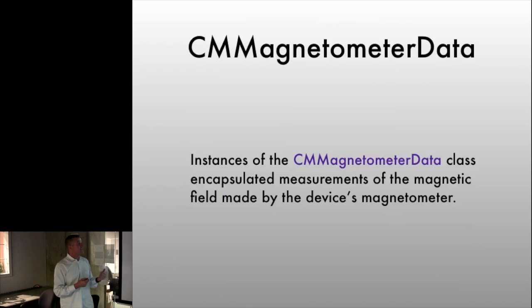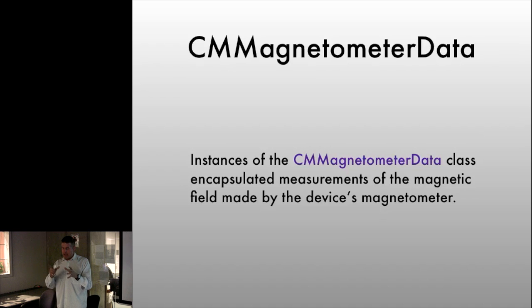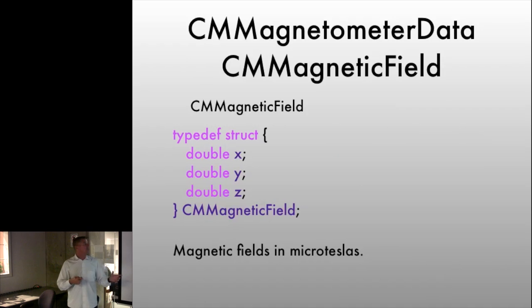So the magnetometer data is all of the measurements that are recorded by the magnetometer. It's different than what core location uses. Core location uses the magnetometer in terms of using the compass and which direction you're pointing and which direction you're moving. This just represents the raw underlying data.